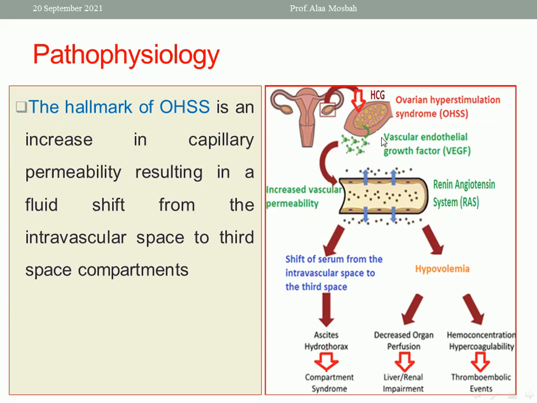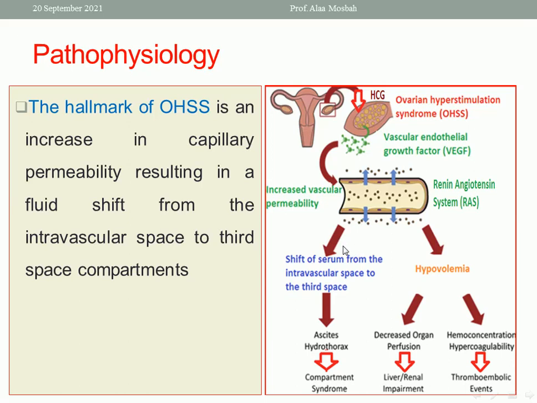Production of vascular endothelial growth factor and the renin angiotensin system lead to increased capillary permeability. So vascular permeability is increased, and a large amount of fluid is shifted from the intravascular space to the third space.